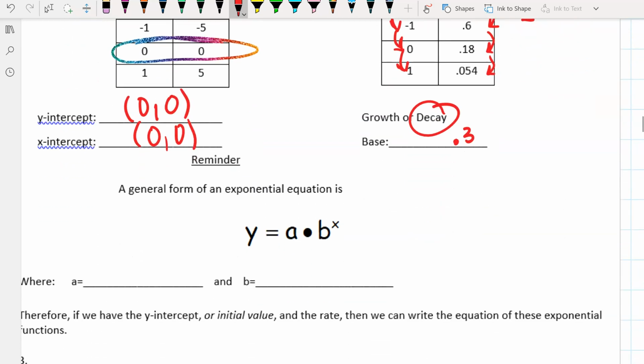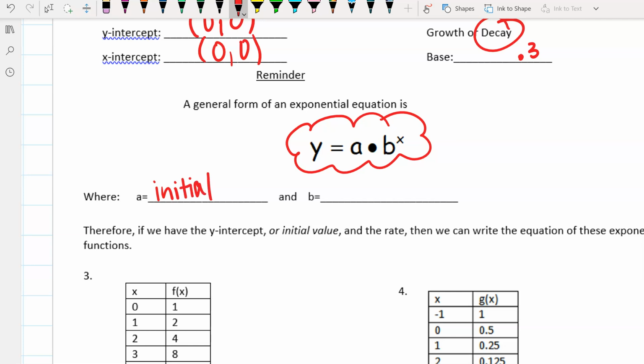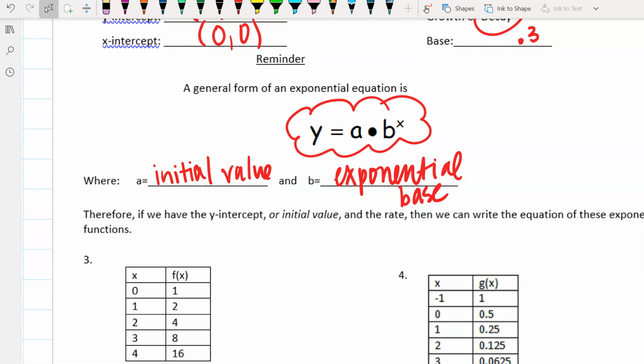If you recall, our general form of an exponential function looks like this: y equals a times b to the x, where a is your initial value or your starting point, and b is your exponential base. Whenever we have an exponential function, that's what we're looking at.